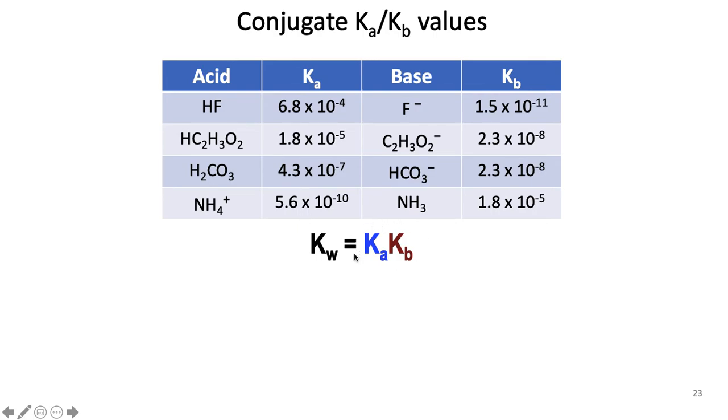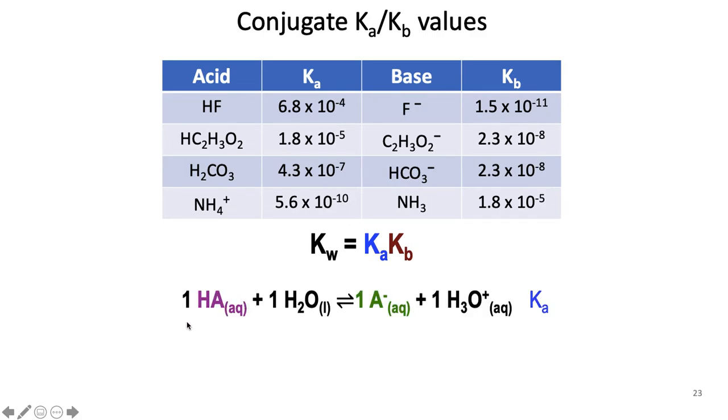We can relate the product of Ka and Kb by Kw. Remember this? We've seen it before. So Kw is equal to the product of Ka times Kb for an acid and its conjugate base. Why is that? Well, here's how the derivation happens.